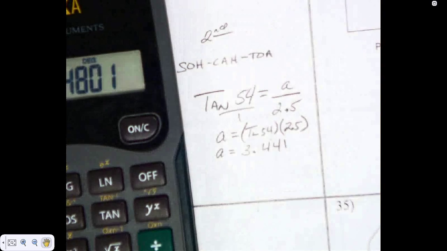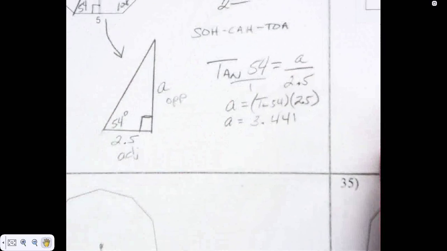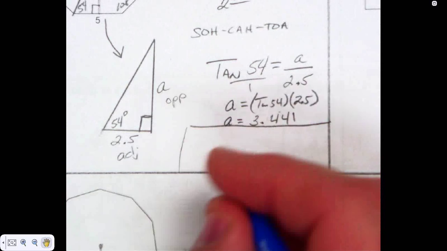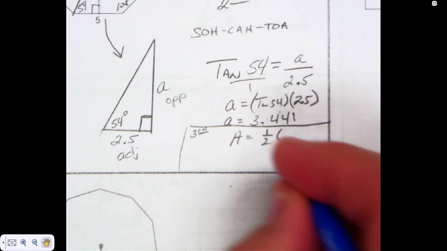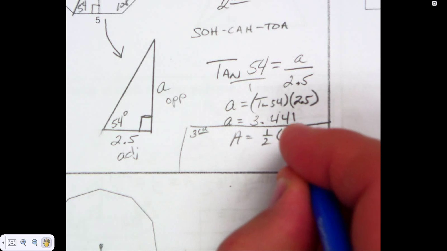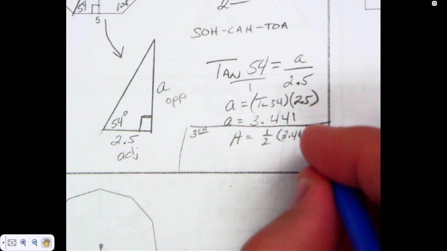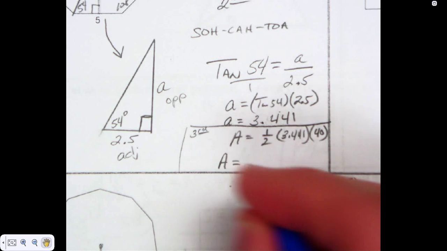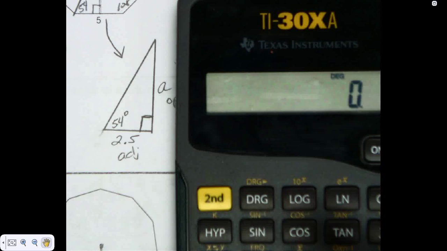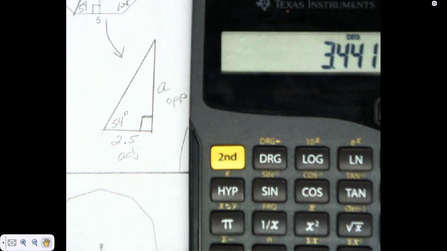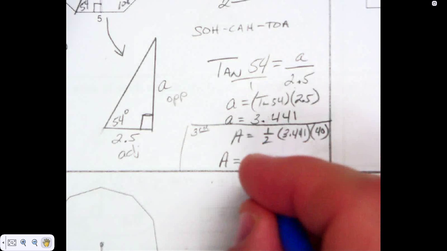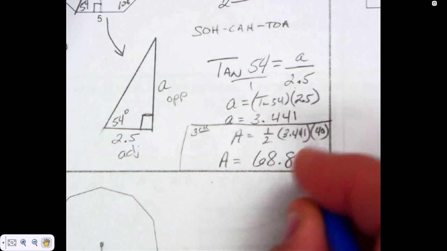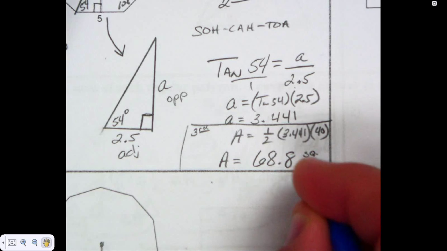3 decimal places. So now the only thing left to do, third thing is always what? Area is equal to 1/2 apothem, which is 3.441, times perimeter, which is 40. 3.441 times 0.5 times 40 equals 68.82, so it's 68 point what? 8 square units.